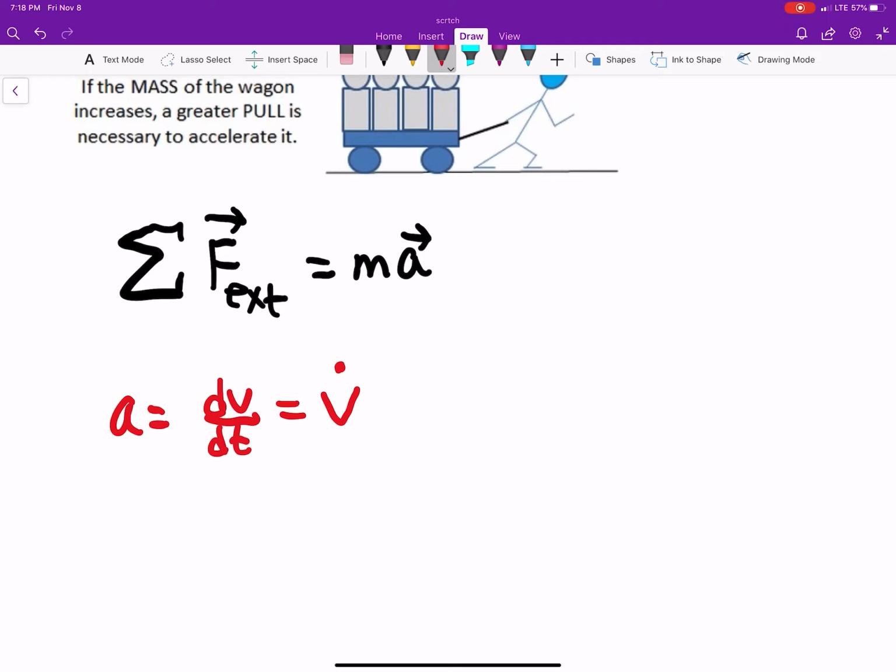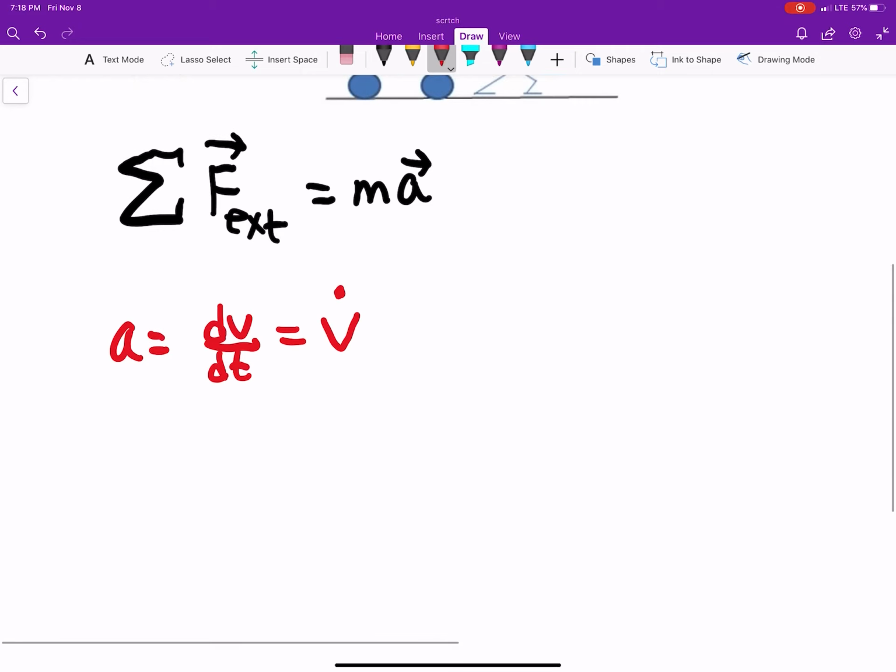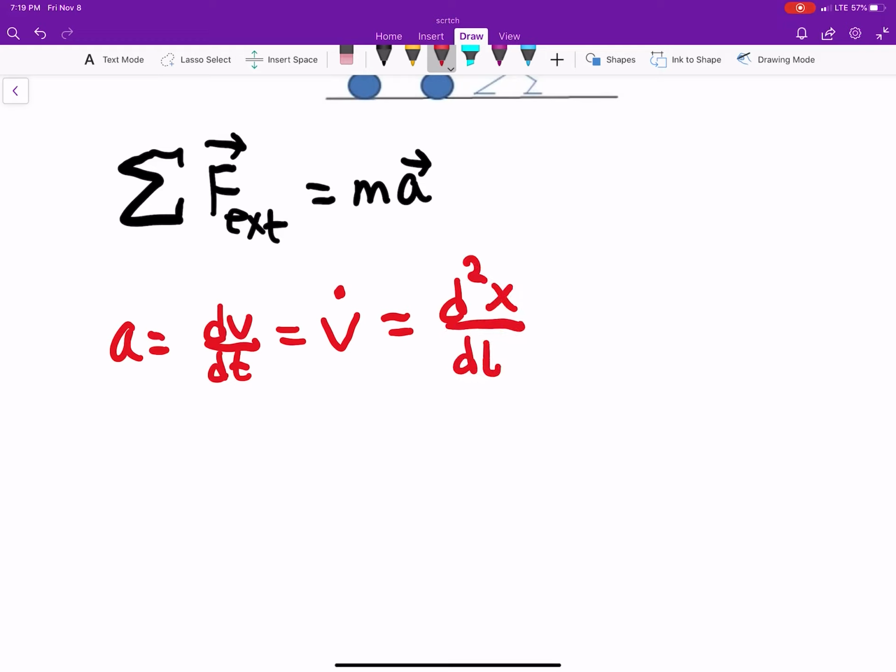So the little dot implies that it's the first time derivative. Now, we can also think of that as being equal to the second derivative of position with respect to time. And using the same logic, we can write it like that. The two dots imply that it's the second derivative.